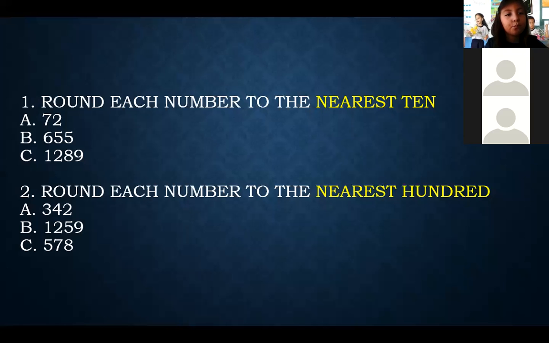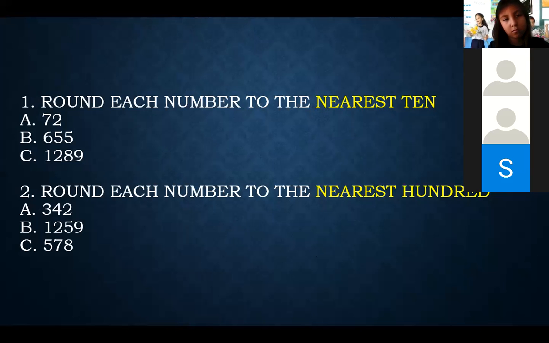Okay, let's do exercise number 2. Round each number to the nearest 100 now. Okay, Gabriel Cueto. 340. No, 300. 300, that's right. Okay, guys, we only have 1 minute. After this, you need to copy this.